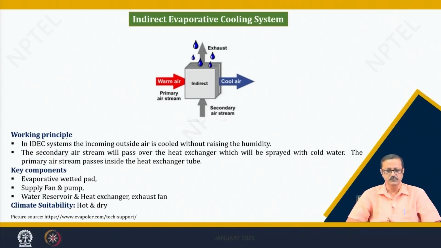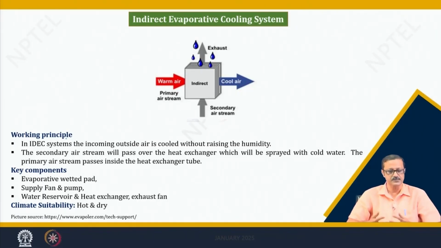In case of the indirect system, there are two passages of air. One is in the horizontal direction, suppose that is the warm air and the cool air we have discussed, and another is a secondary air stream path that will flow again, and by that flow some amount of humidity will be imparted, and that humidity will be taken care of by the method of cooling.